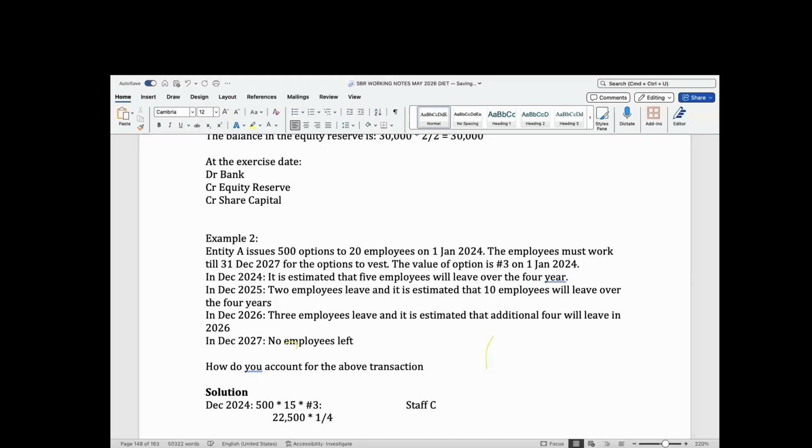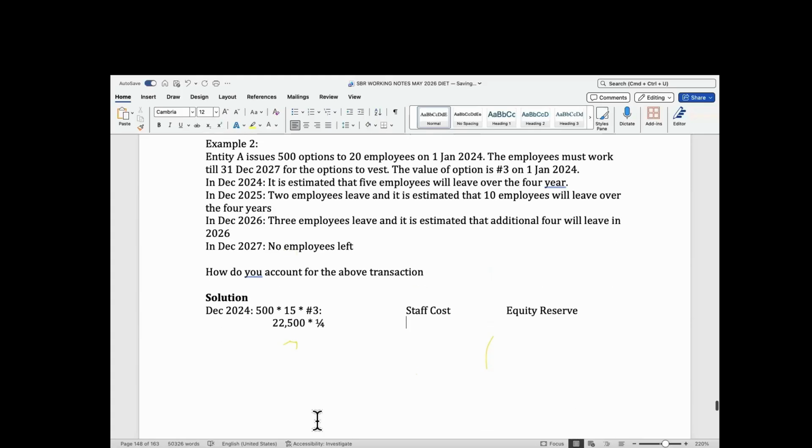So I'll have staff costs and equity reserve. So how much is going to staff costs? 5,625. Okay, that's year one.